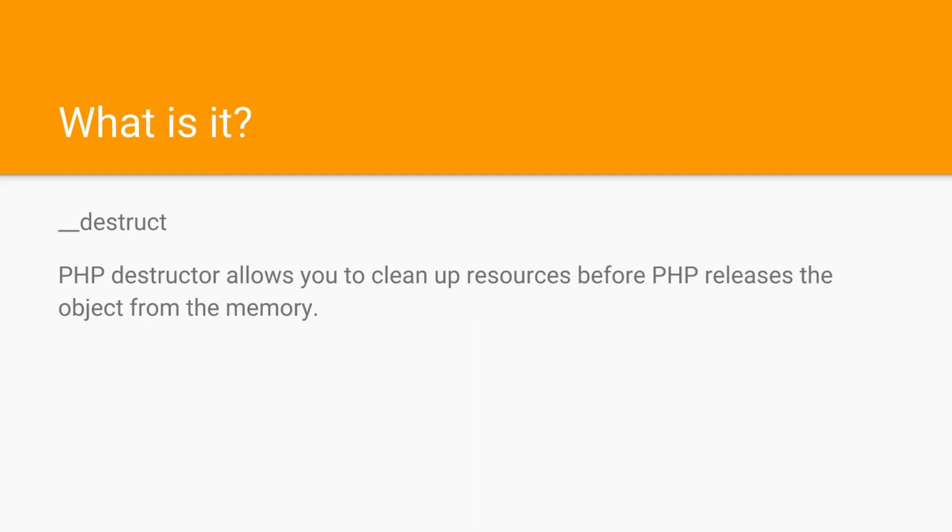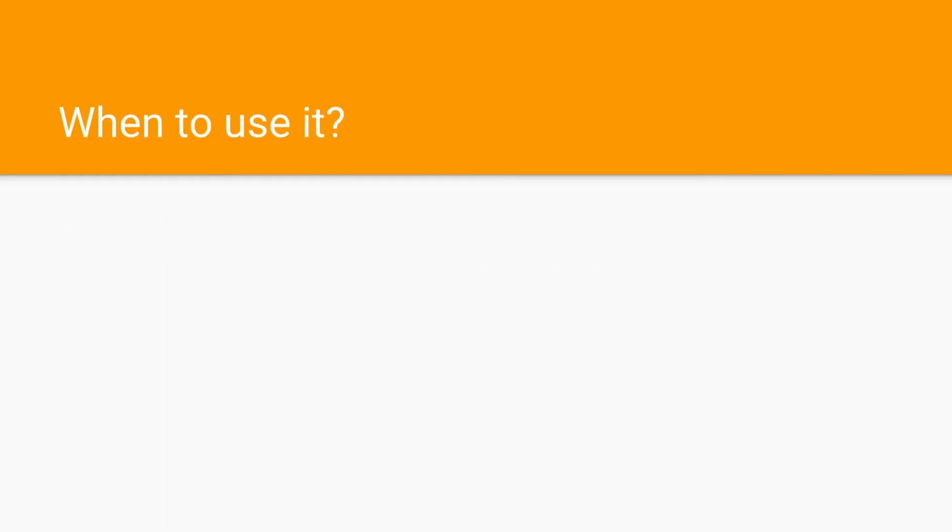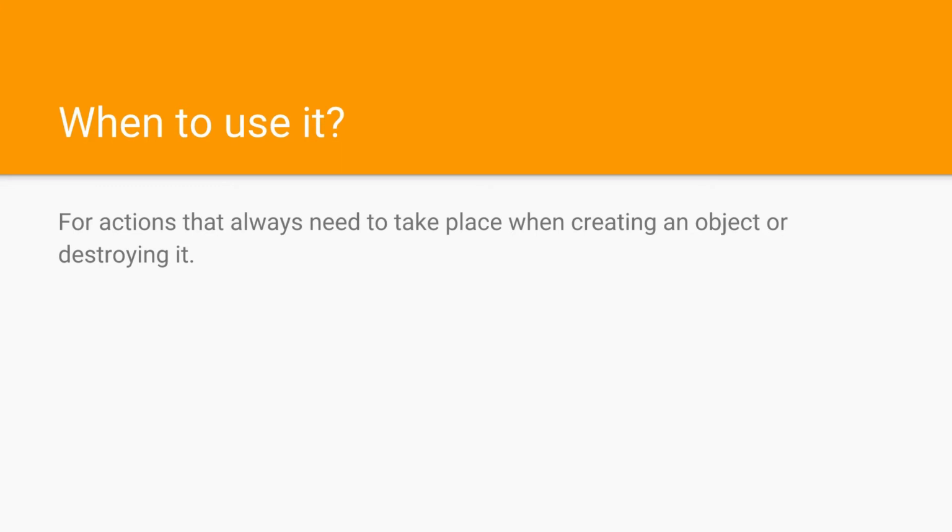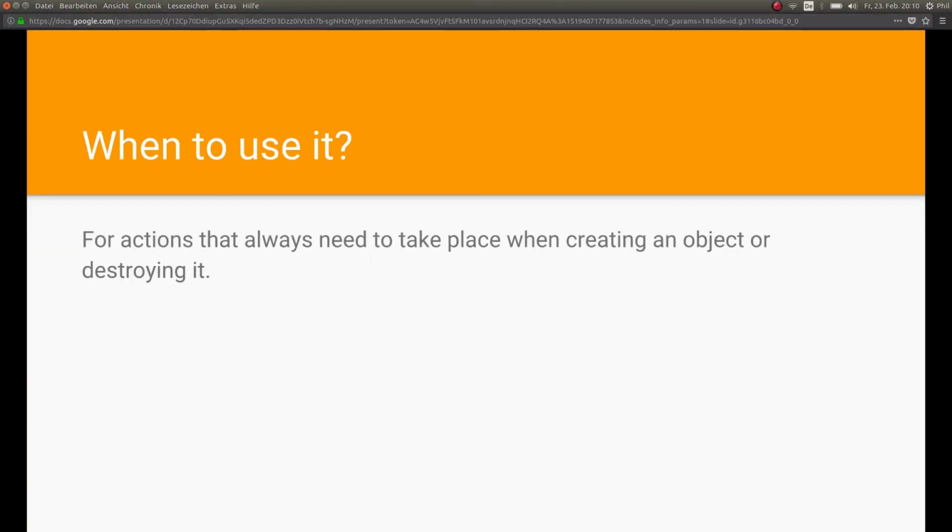These are the two things that always get done implicitly. And when would you use that? Well, obviously for actions that always need to take place when creating an object or destroying it. Let's see what that means.